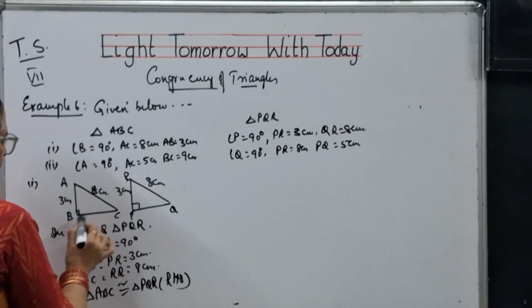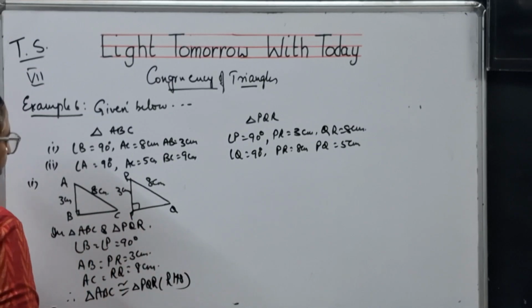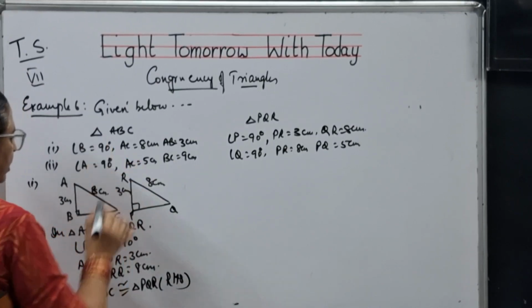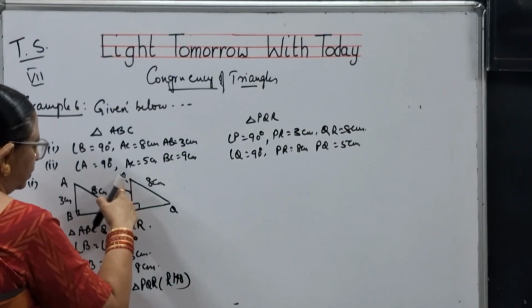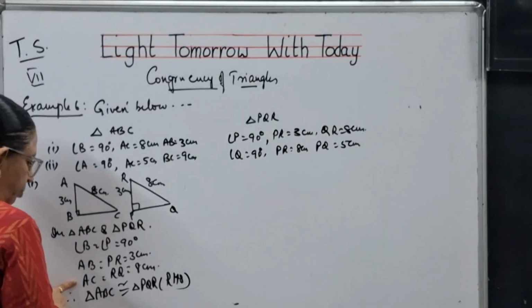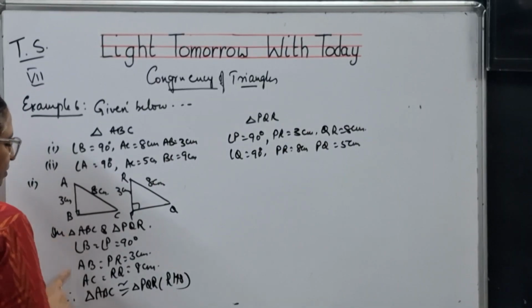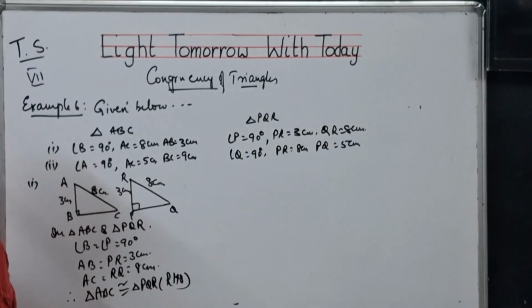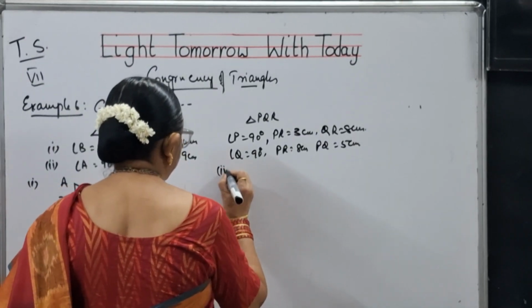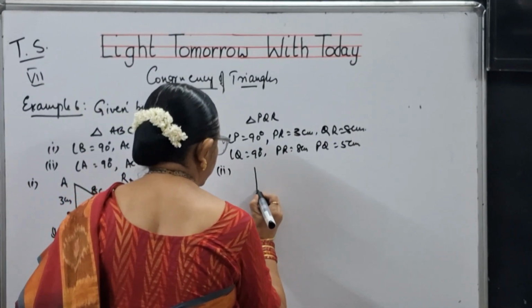Because AB and PR are corresponding sides, children, and AC and RQ are the hypotenuses. So one side, the hypotenuse and the right angle, these three are there. So basing on the RHS property, you can say that they are congruent. Now let us see the second one.